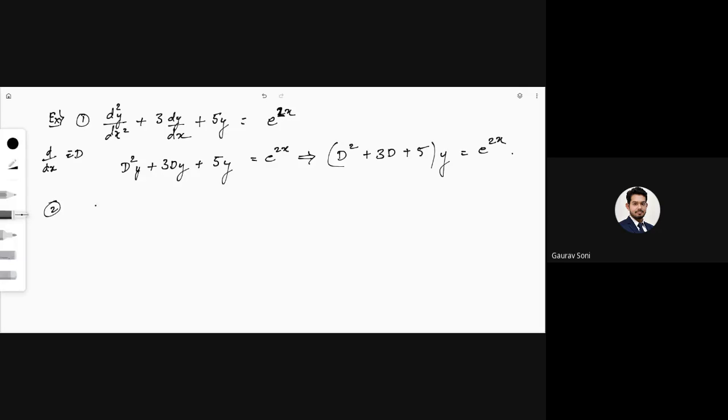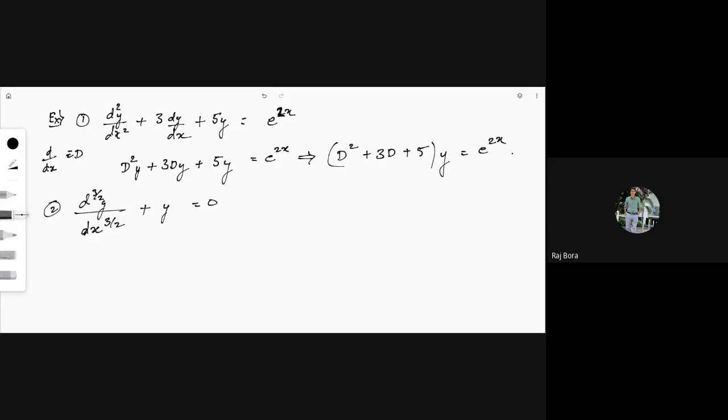Next one: d raised to 3 by 2 y upon dx raised to 3 by 2, plus y is equal to 0. Is it linear? Yes, sir, it's linear, and it's homogeneous.